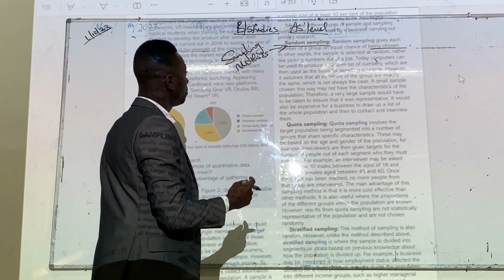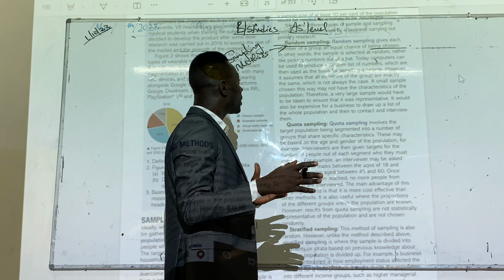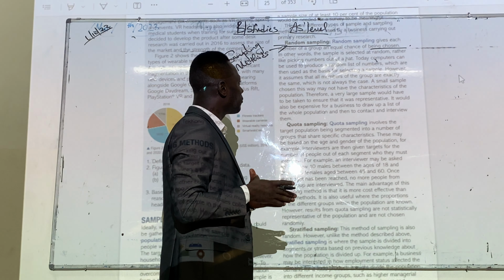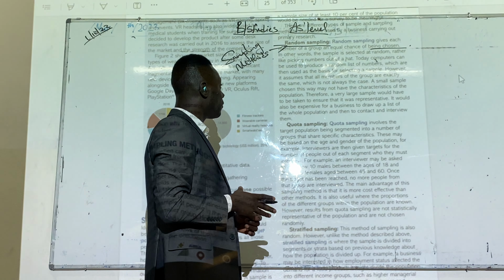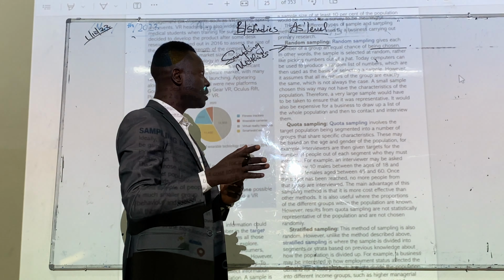In other words, the sample is selected at random, rather like picking numbers out of a hat. Today computers can be used to produce a random list of numbers, which are then used as the basis for selecting the sample. However, it assumes that all members of the group are exactly the same, which is not always the case. That's a problem.